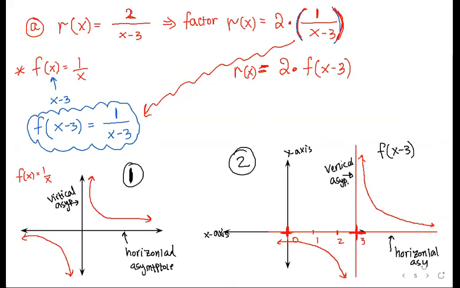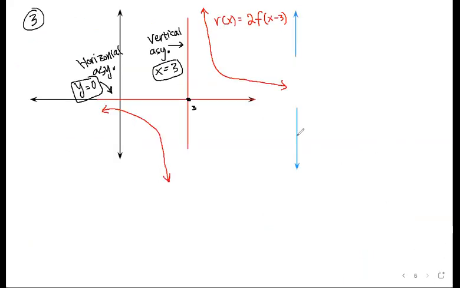For the graph, the 2 outside means, by section 2.6, stretching vertically. Everything goes up, the values go up. All the y values have to be multiplied by 2. Exactly.